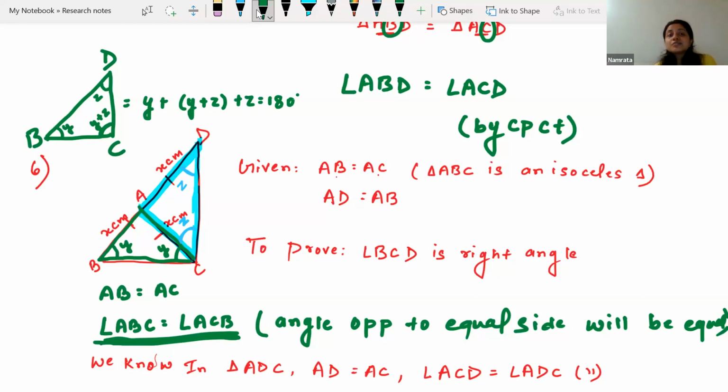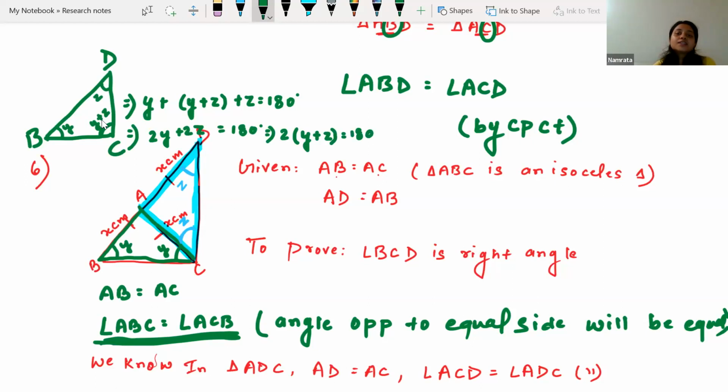From where are we writing this one? From angle sum property we are writing this one. Don't worry, we'll be doing it freshly also. Here I'm just explaining the concept. So this implies 2y plus 2z is equal to 180. And that implies, if you take 2 out as a common factor, 2 times y plus z is equal to 180.